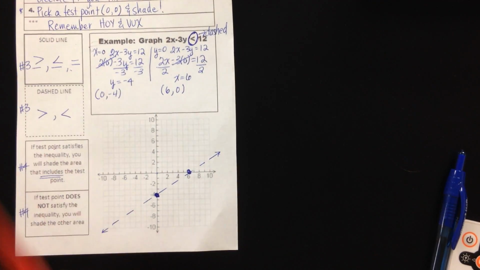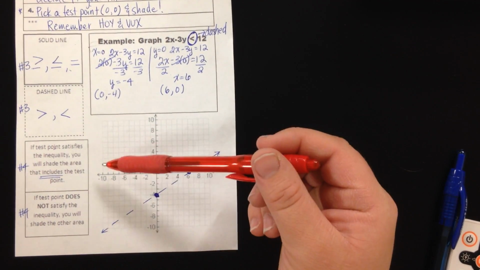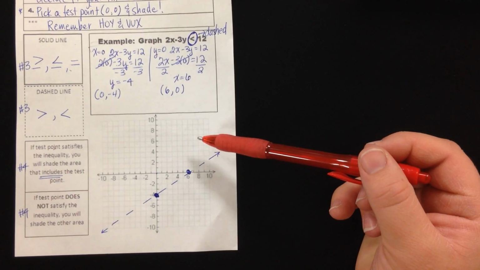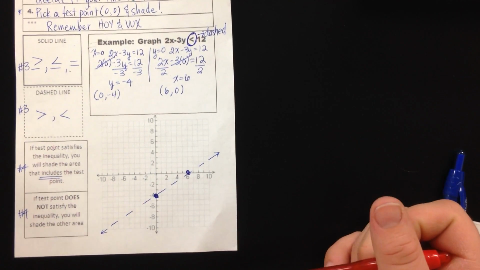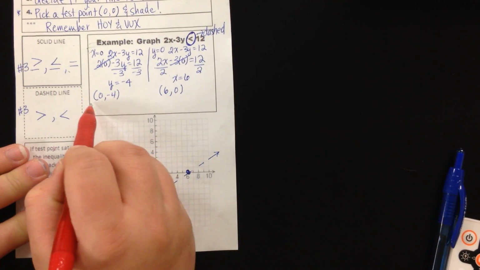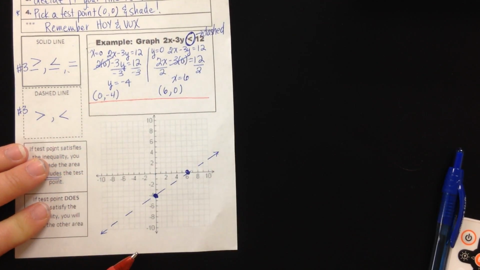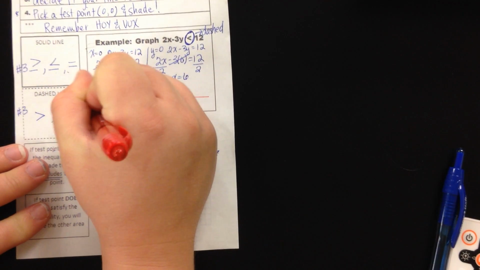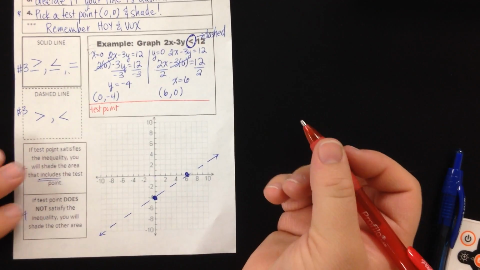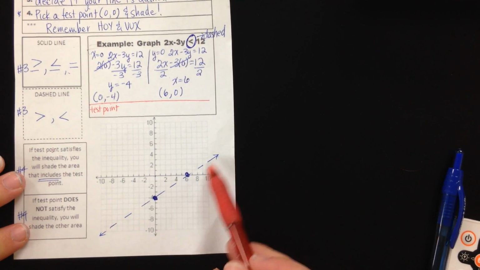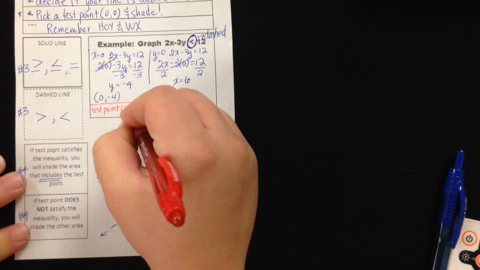Now, step 4 is the most crucial, because in inequalities, we have to shade either above the line to represent what the inequality is saying, or we're going to shade below. But how we determine that is from step 4. So I'm going to do this in another color so that you can see this. We're going to pick a test point. And the most common test point, if your line does not go through the origin, will be (0, 0).